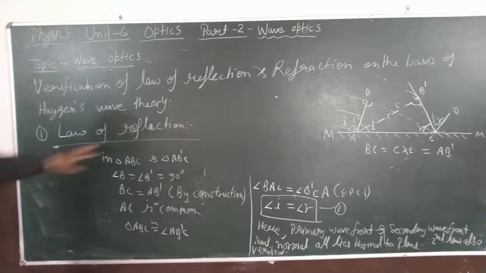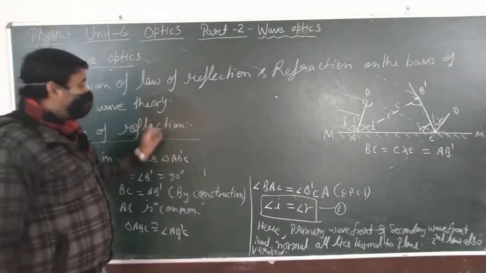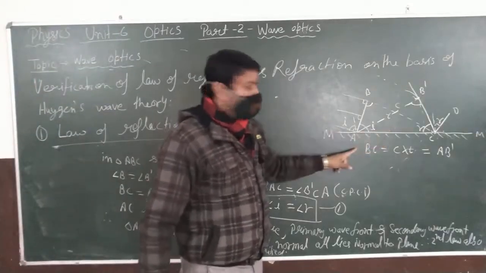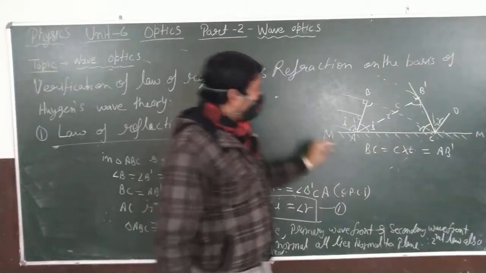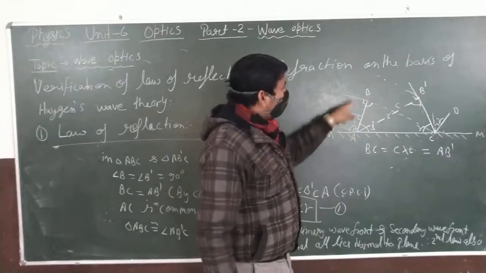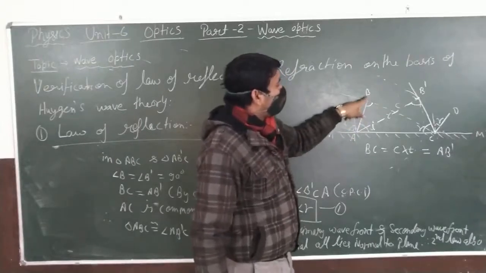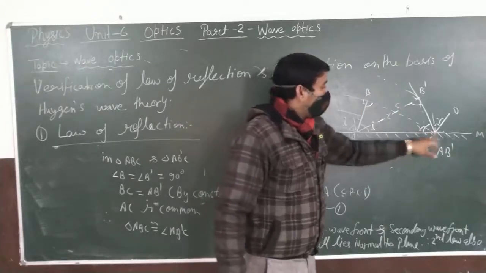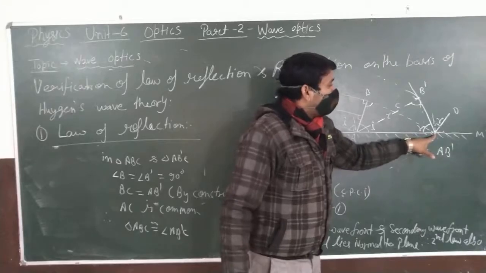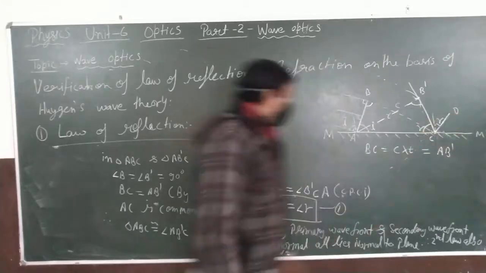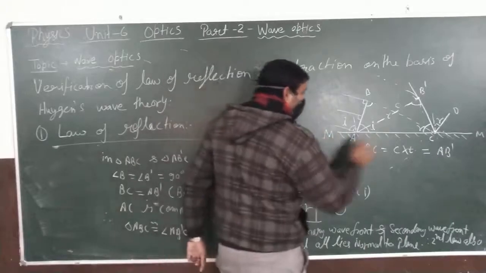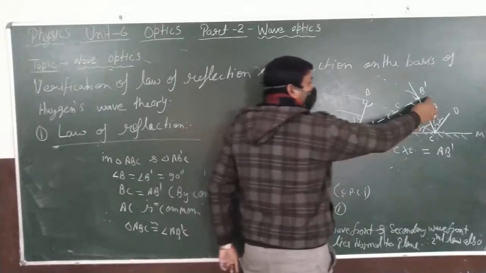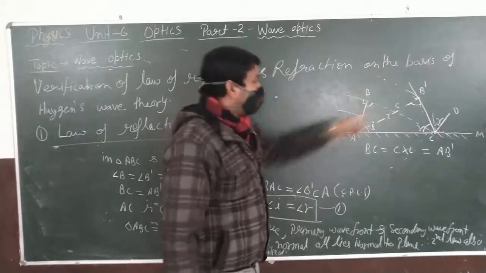You have to do some writing, like the primary wavefront falls on a plane mirror. Let the ray traveling from B to C travel a distance equal to c into t, and then after falling at C it reflects in the direction of D, and in the same time the ray reflected from A reaches B', in the same medium.